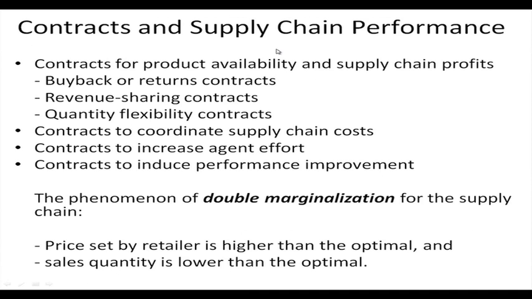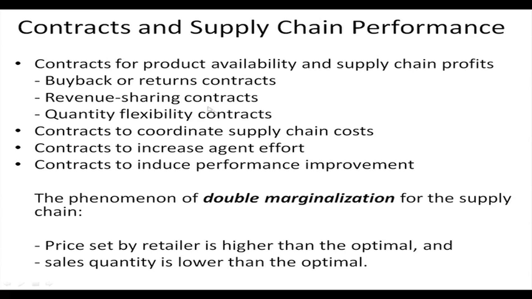Now, in supply chain, there can be different types of contracts between the buyer and the seller, and here we are mentioning 4, in a way 6 such contracts. Contracts for product availability and supply chain profits: there are 3 types: buyback or returns contracts, revenue sharing contracts, quantity flexibility contracts.